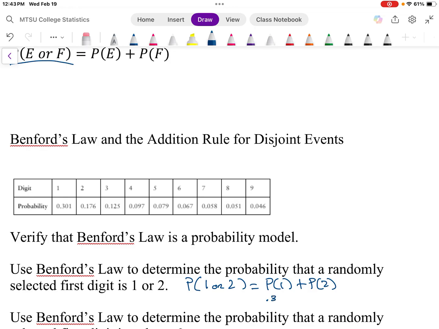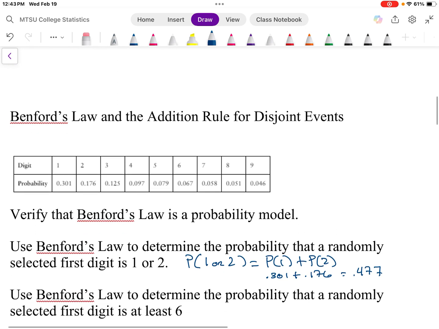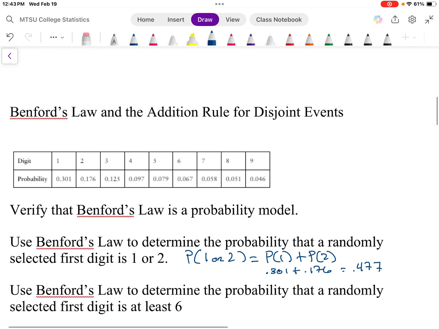So 0.301 plus 0.176 gives us a grand total of 0.477. So there's a little bit less than 50% chance that a randomly selected first digit is going to be a 1 or a 2, 0.477 to be precise.